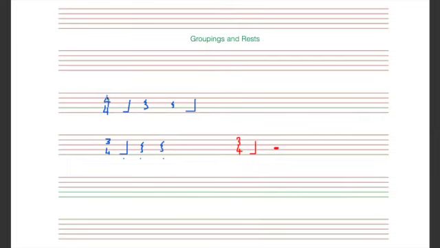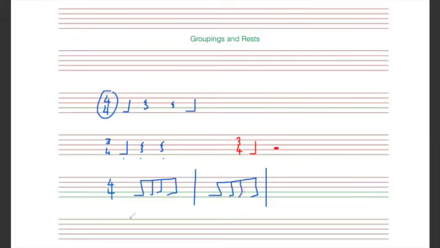The only exception is when we have 4/4 time, and it's the same rule as the grouping earlier. Do you remember when I was saying that if you have all quavers, you can beam them as long as it's half of a bar and the other half of a bar, like this. Now that same rule actually goes for rests as well.